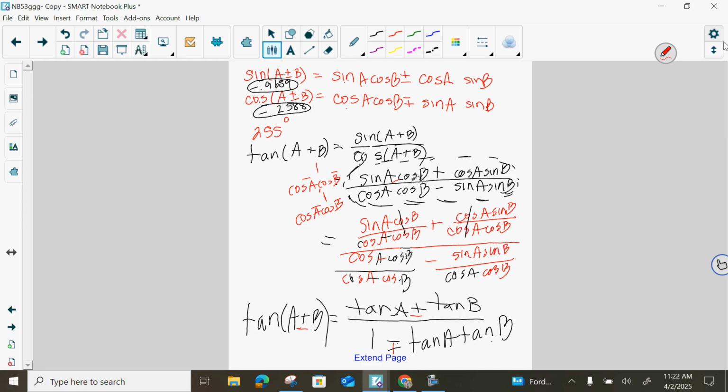So how are we going to remember that if it's a sum, it matches on the top and it switches on the bottom? If it's a difference, it matches on the top and it switches on the bottom. How are we going to remember that? Ryan, what is tangent in terms of sine and cosine? Sine over cosine.